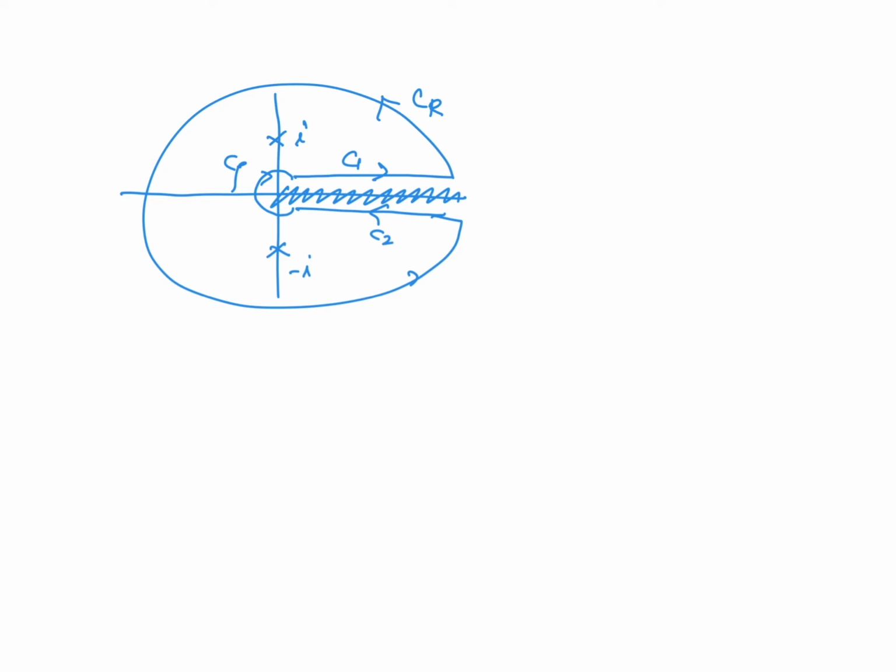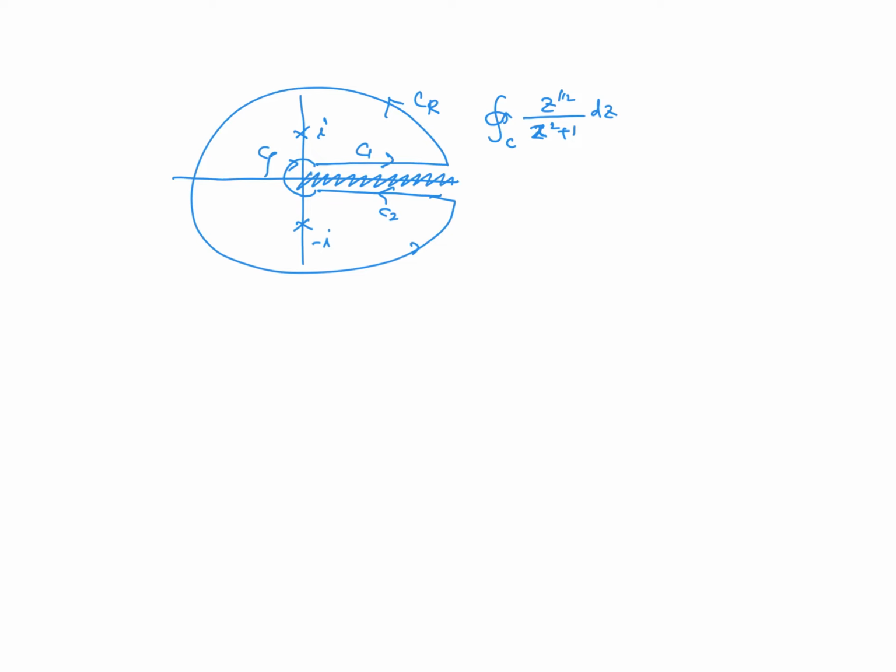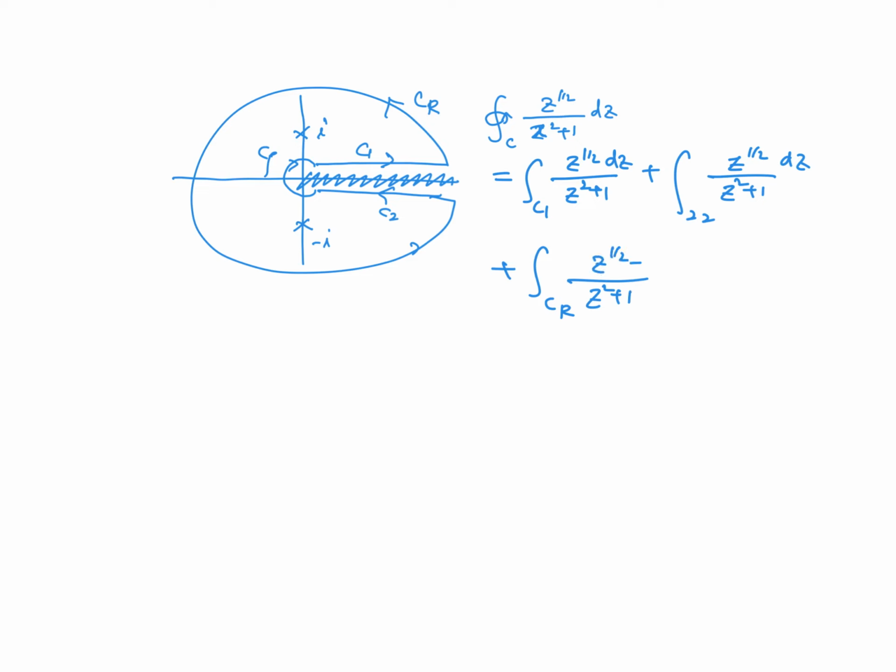So this whole integral, we have C1, C2, plus CR, zero, but they are the same, right? So it becomes actually twice of this.